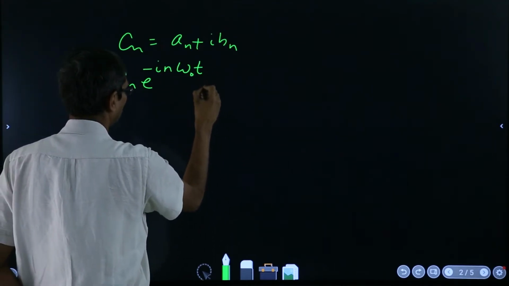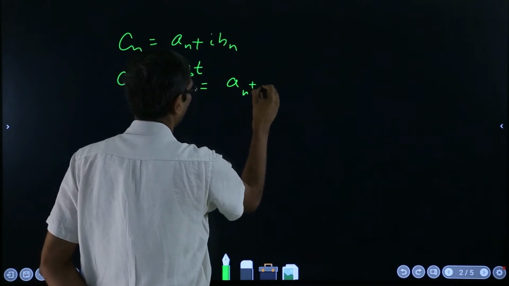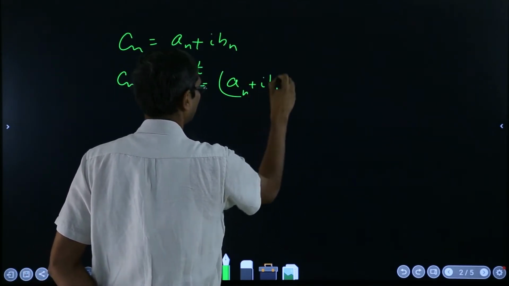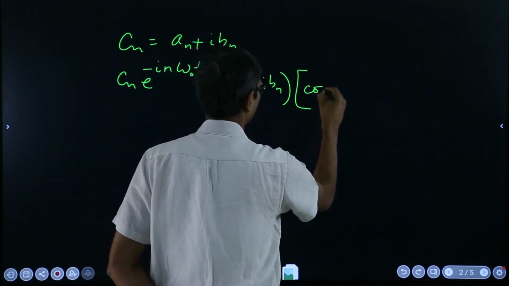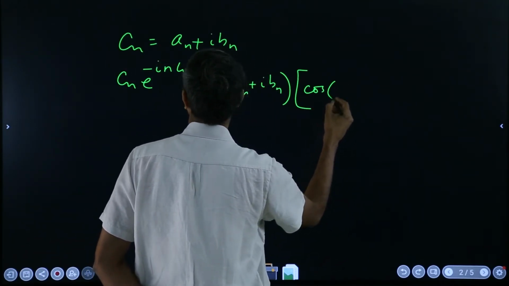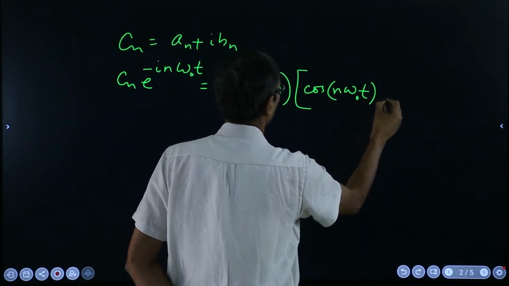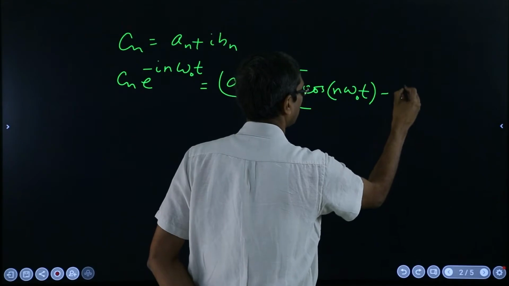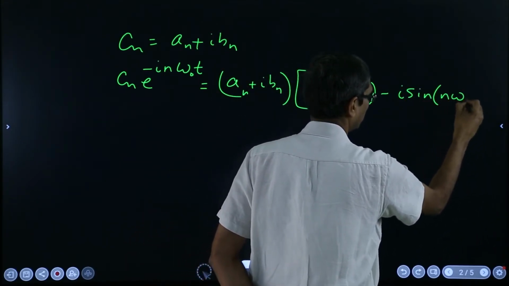So, how much will I get? So it comes to An plus i Bn times cosine of n omega naught t minus i sine of n omega naught t, right.